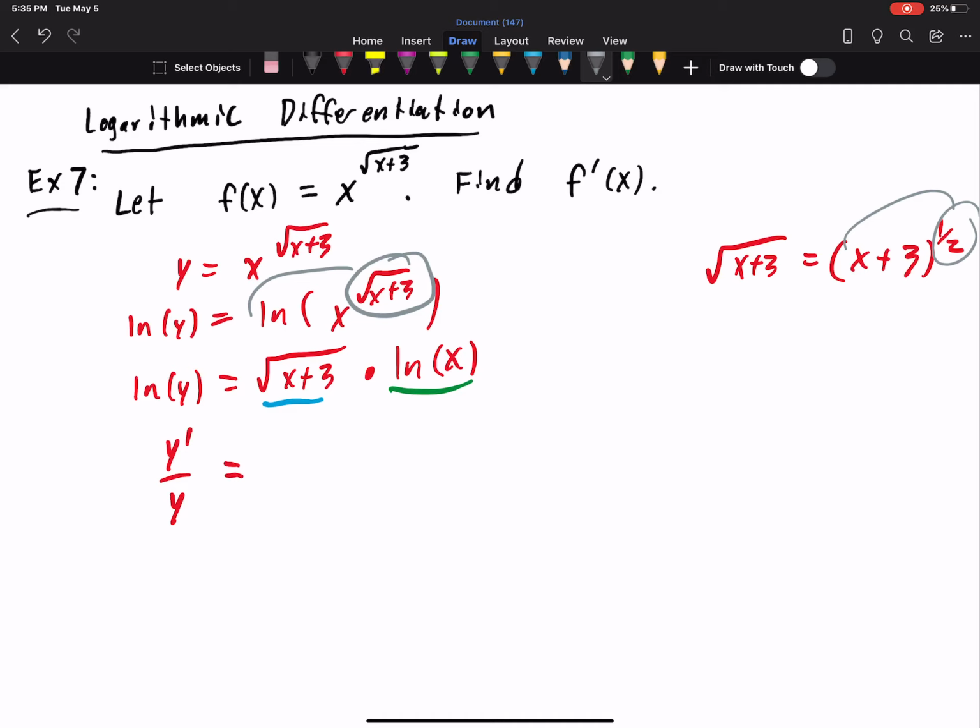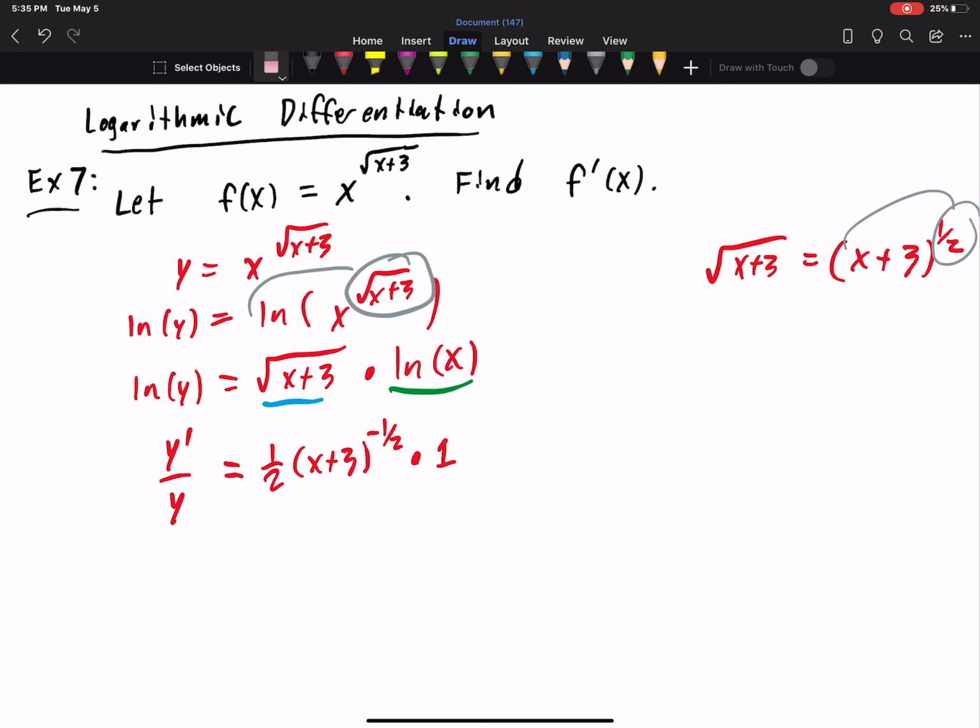Okay? So deriving this gives us 1/2 x plus 3, because the chain rule leaves the inside of this radical alone, to the minus 1/2 times the derivative of the inside, which is just 1 in this case.